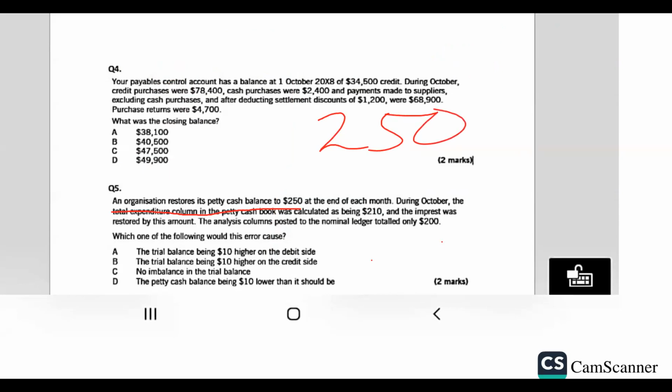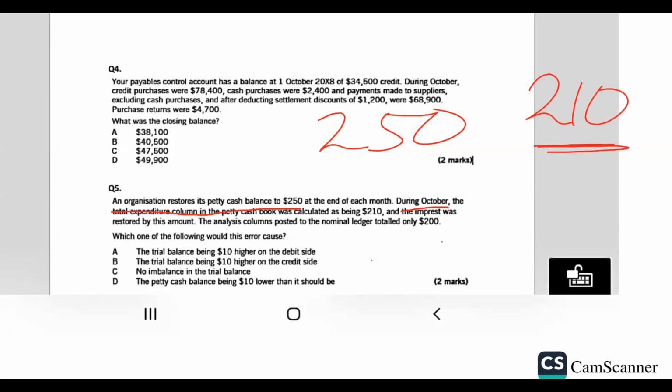At the end of each month. Now, during the month of October, they have totaled their expenditure in the petty cash book as 210, and the imprest was restored to this same amount.